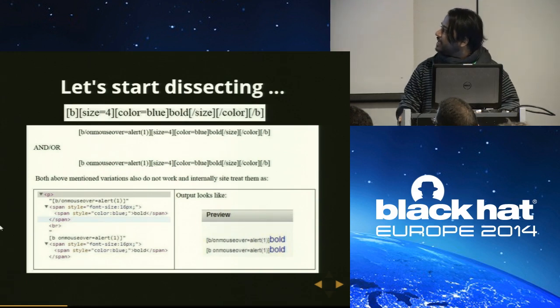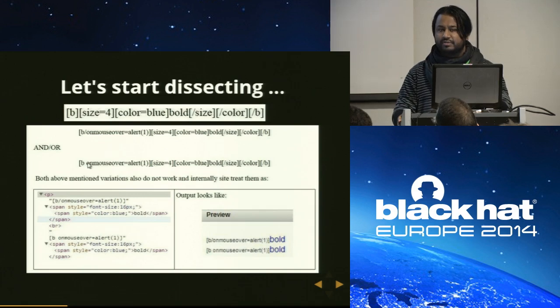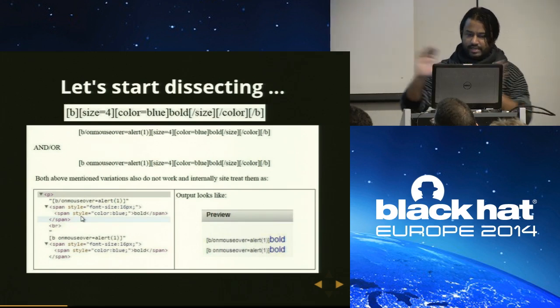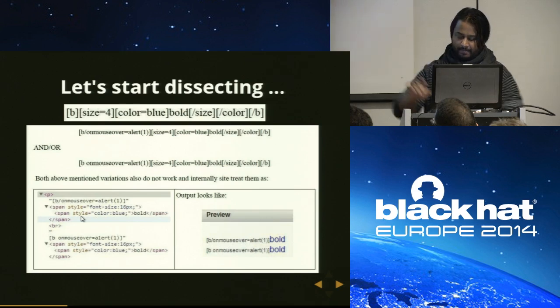I converted the vector here, B onmouseover, and everything is the same, here with the space. And I wanted to see what is the behavior of their WYSIWYG editor. As a result, you can see no bold tag has been created. It means that this will not work. Nothing happens. So this thing is gone. I cannot access this with that thing.